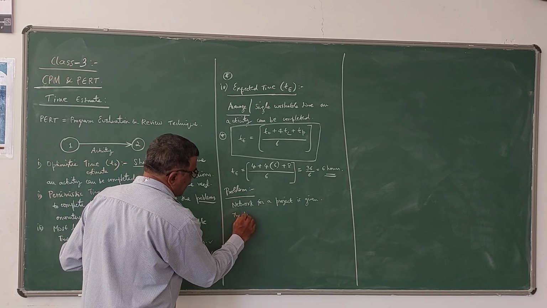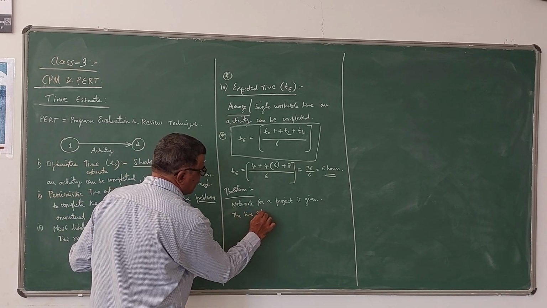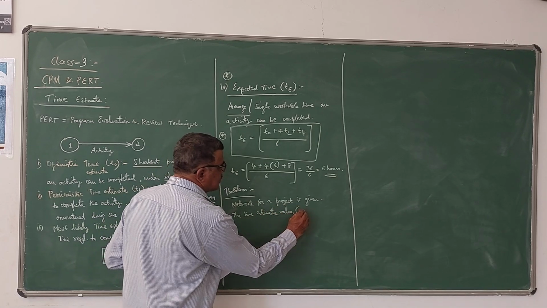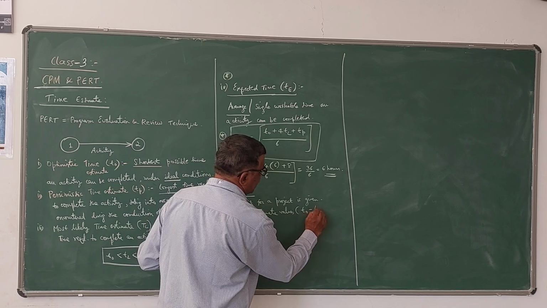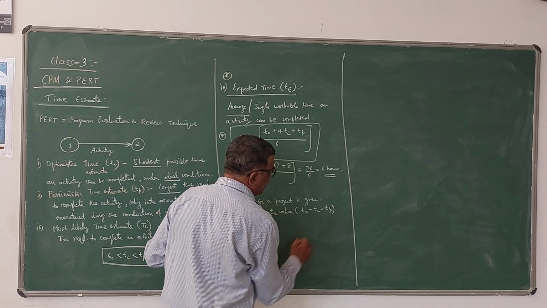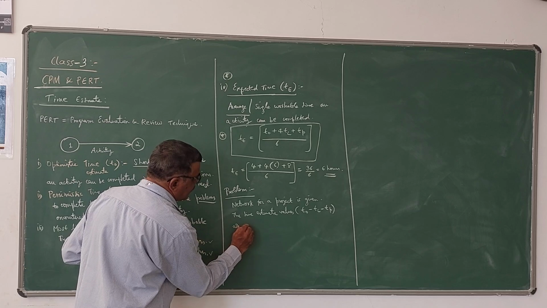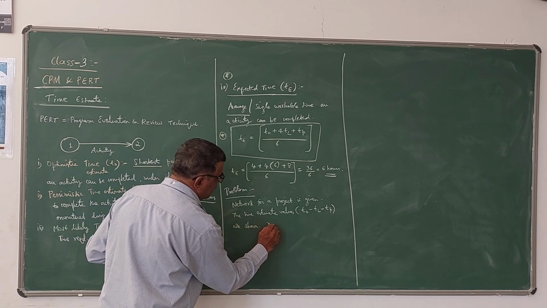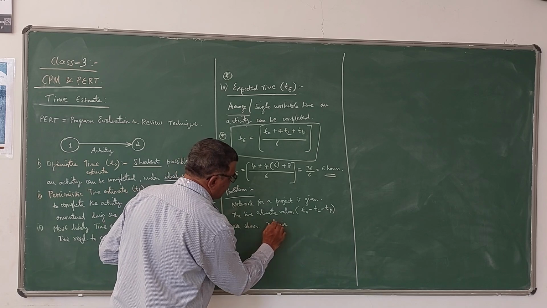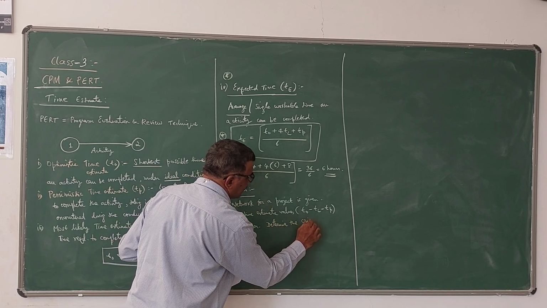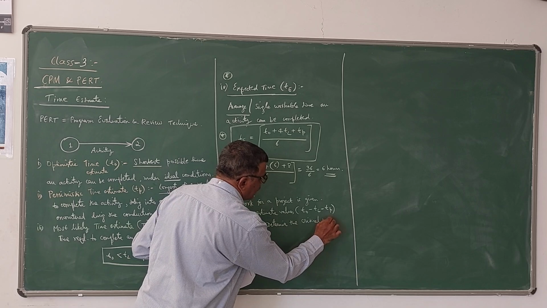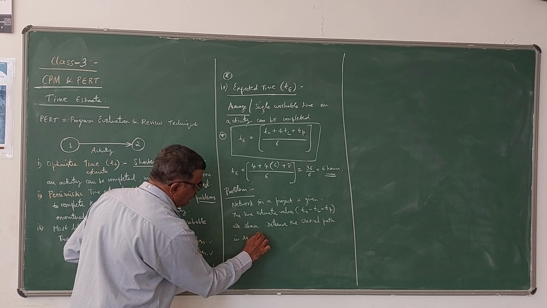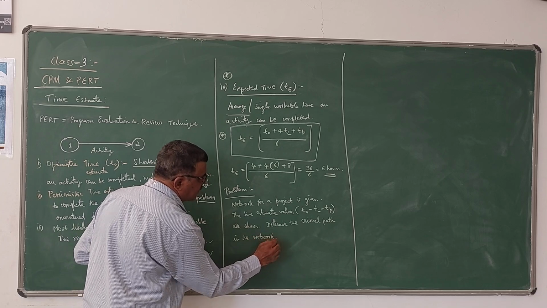The time estimate values, that means T naught, TL, TP are shown. Determine the critical path.